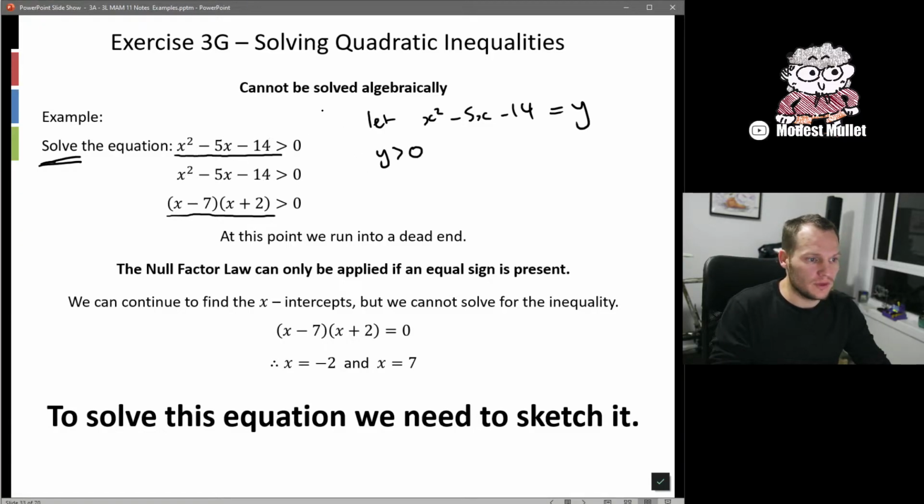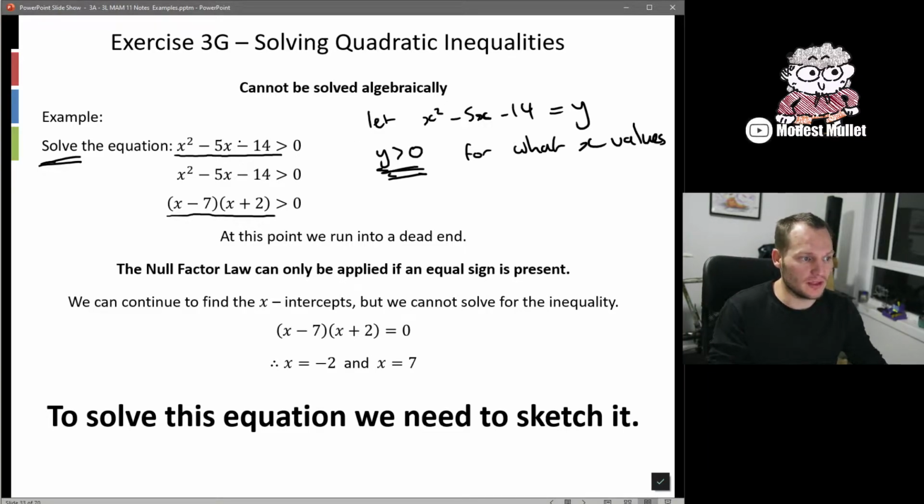If I choose any values of x and sub them in there, that gives me a y value, and for what x values does y become greater than 0? We can now much more easily see this on a graph.